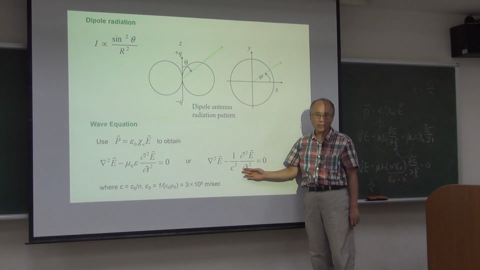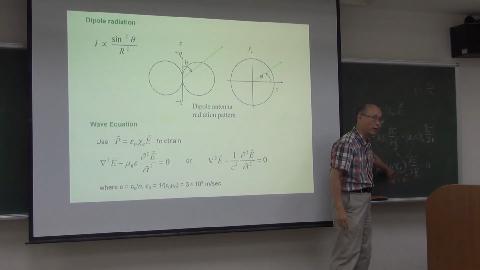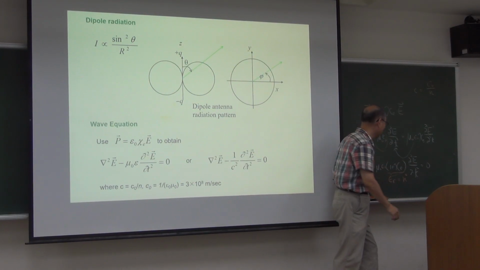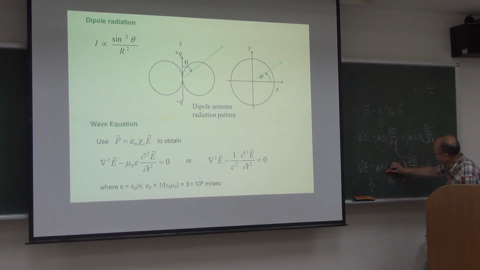That's why you have this, because this is the square of the refractive index. Remember that this is 1 over c naught squared, so this can be written down here divided by n squared, and c naught divided by n is equal to c. So you can go through this algebra easily.